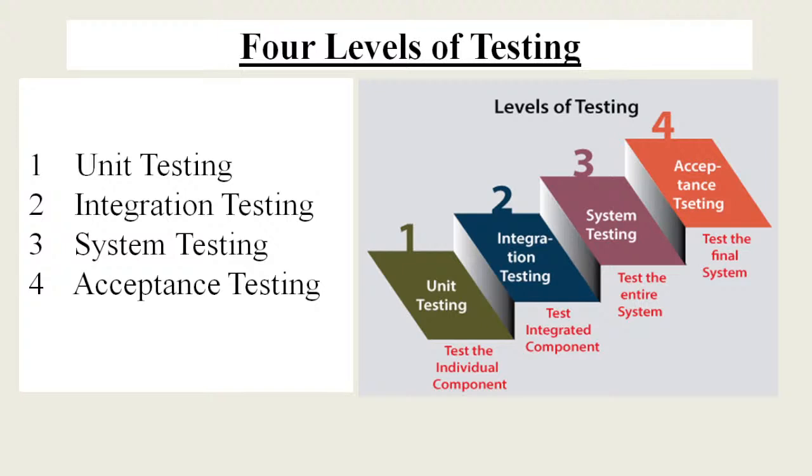See in this diagram, unit testing means testing the individual component, that is, an individual module in the application. The second type is integration testing, which tests integrated components, meaning a combination of modules. The third is system testing, which tests the entire system, the entire application.